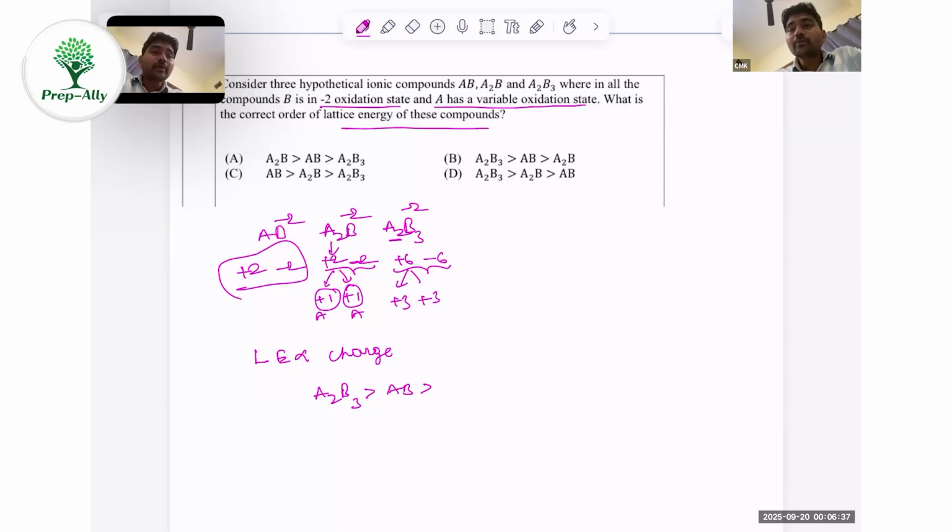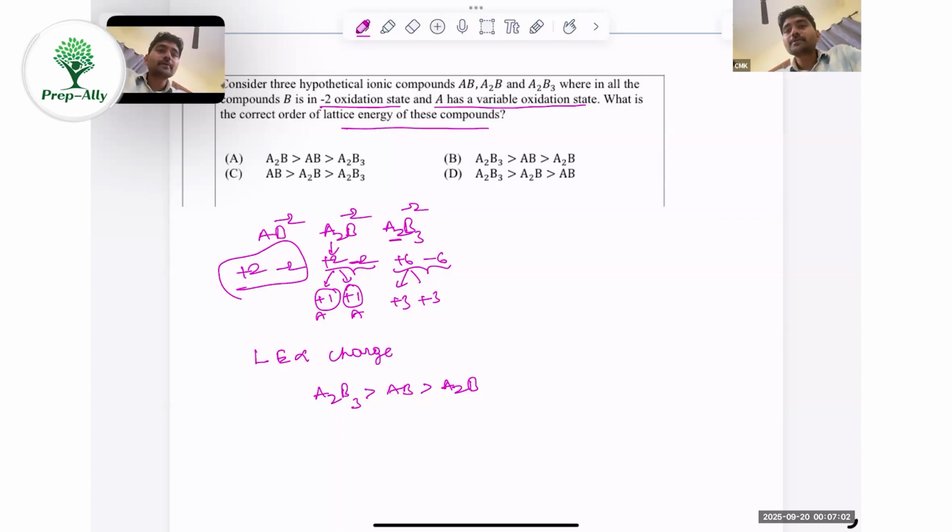So you should have AB first compared to A2B. Why? Because in AB the contributors are less, but the charge is +2 -2. But in A2B the number of atoms is more, but the charge is less. So lattice energy is less overall. So you will get A2B last.